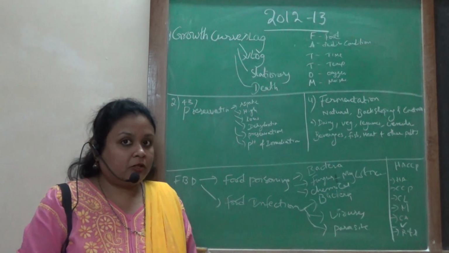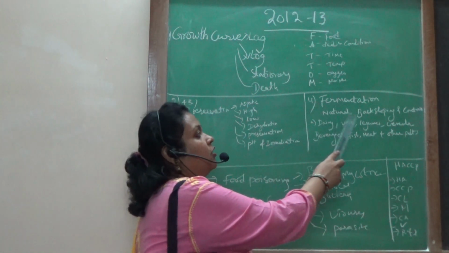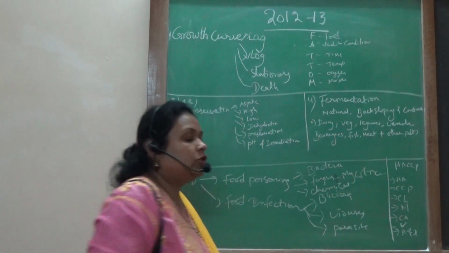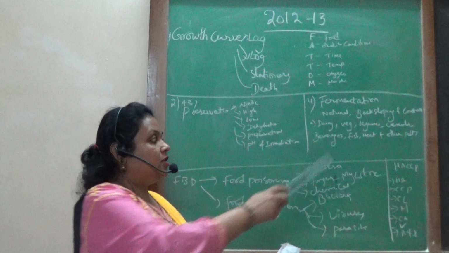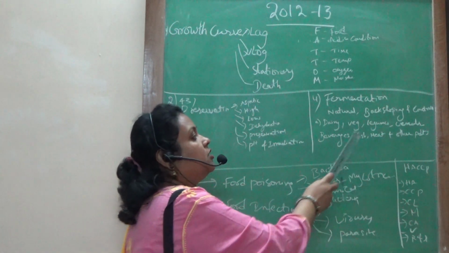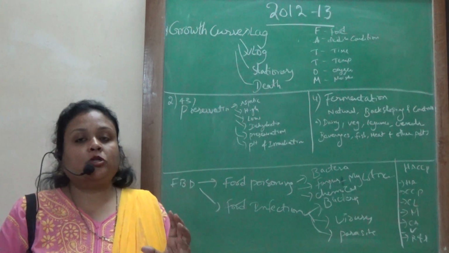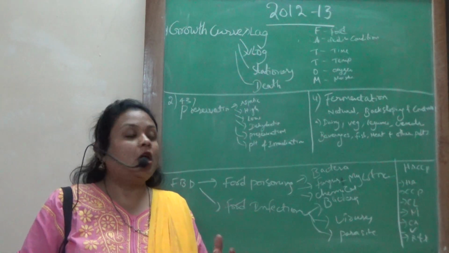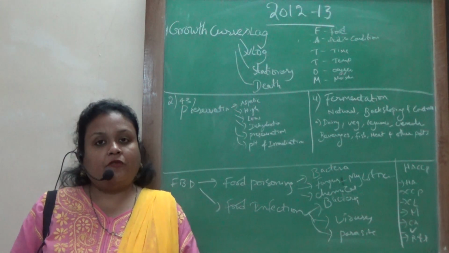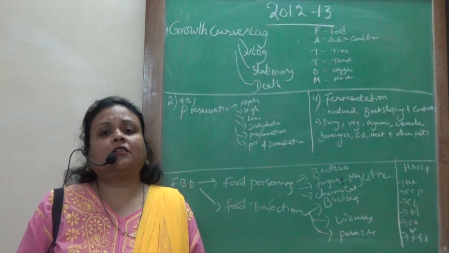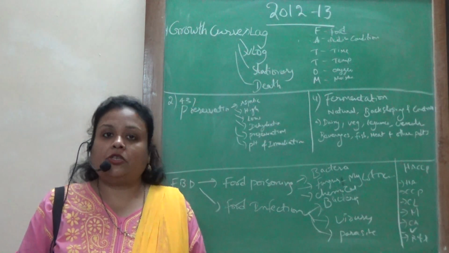As it is a 10 marks question, you need to write the definition of fermentation, then write about natural, backslopping and controlled fermentation, followed by fermentation in various food products such as dairy, vegetables, legumes, cereals, beverages, fish, meat, and other products. If you give two examples each of dairy products, vegetables, legumes, cereals, beverages, fish, meat, and other fermented products, that is enough for you to gain full 10 marks in your examination.